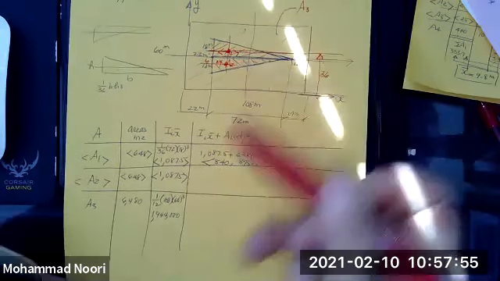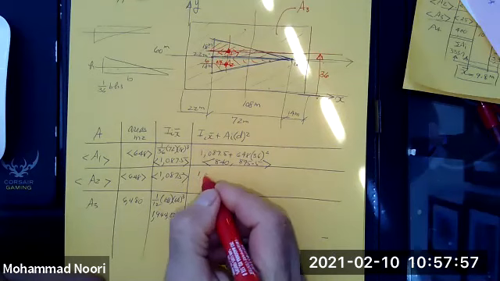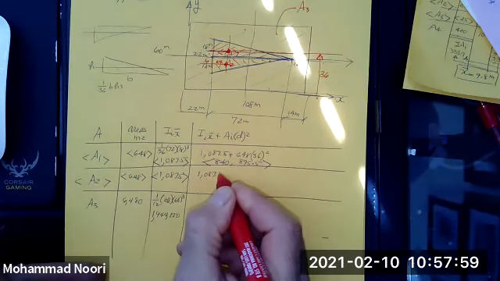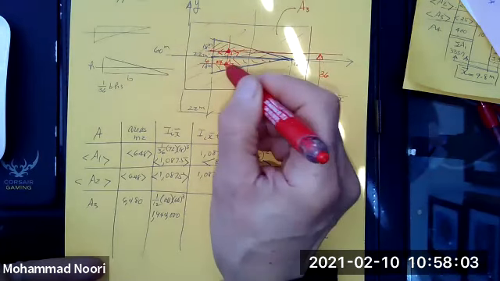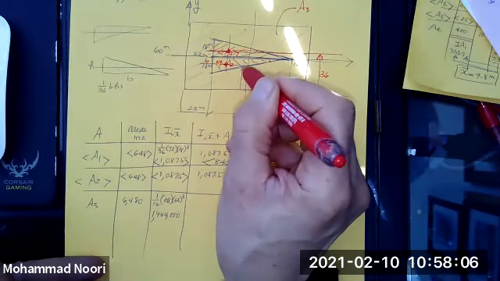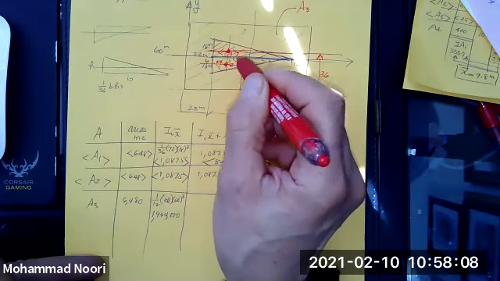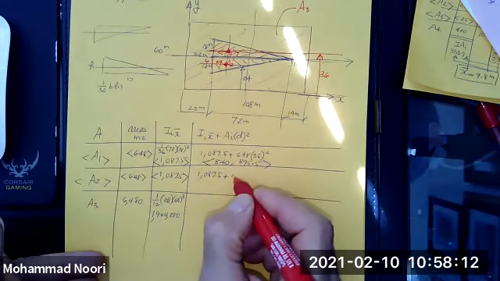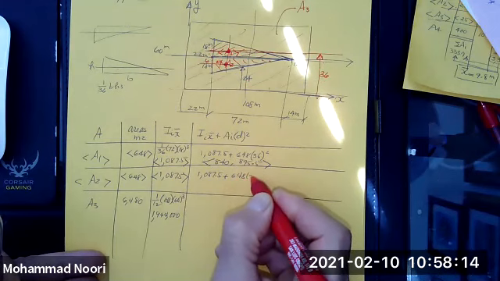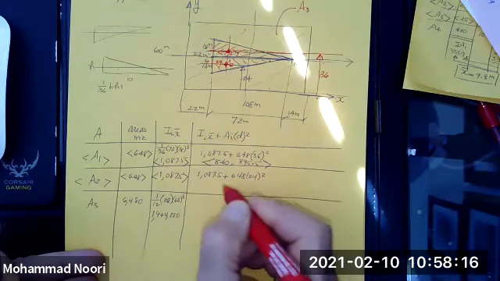How about this one? It would be the same: 1,087.5 plus the distance from here to here. This distance is going to be 30 minus 6, so it would be 24. So plus that area times 24 squared.